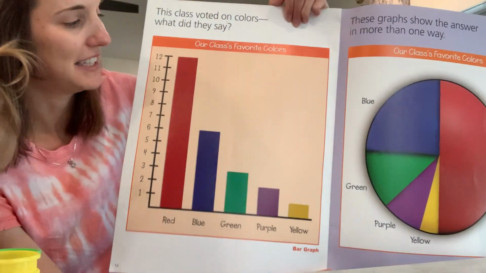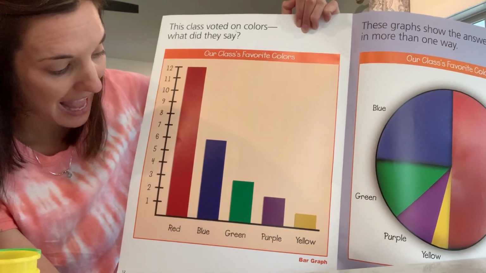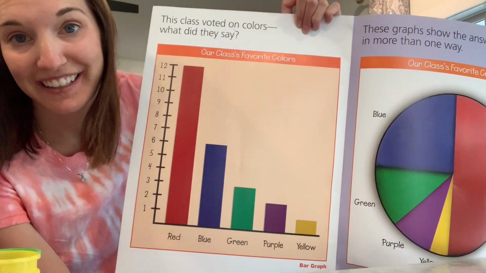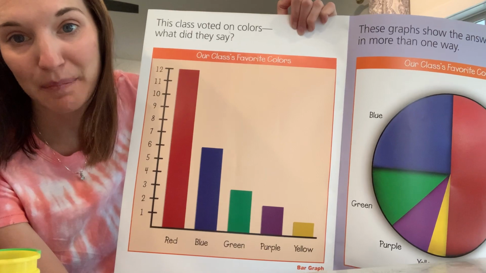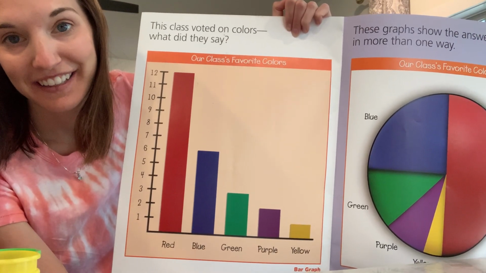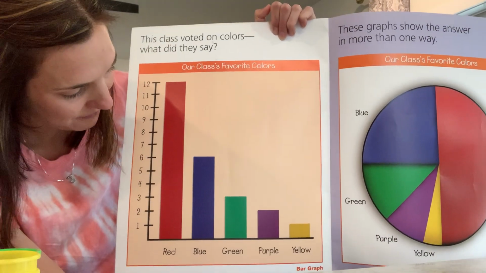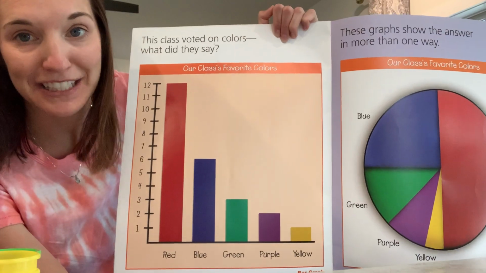You try this one by yourself. How many people like red and green? Make a triangle. So add the reds and add the greens. How many do you get?